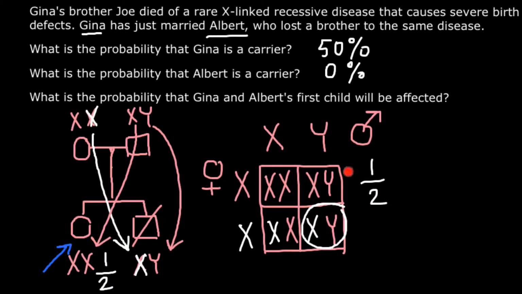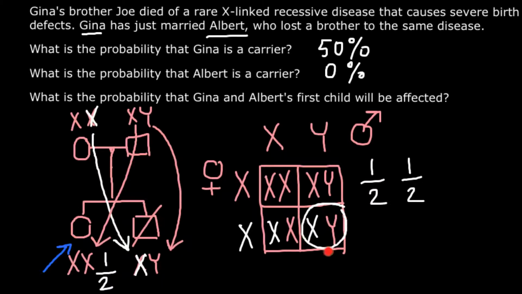Females are not affected, males are affected. So, what is the probability that the first child would be a male? Once again, 50%. So 1/2 of their children would be male. And the last question that we have to ask ourselves: if they would have a male boy, what are the chances that he is going to express this genetic disorder?